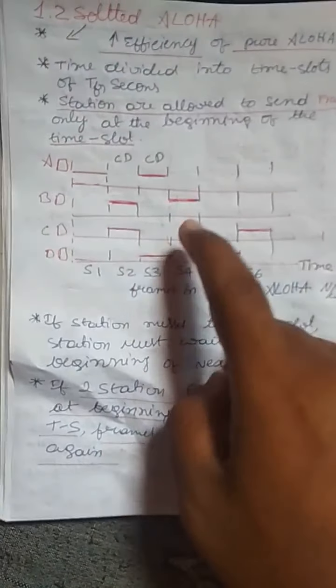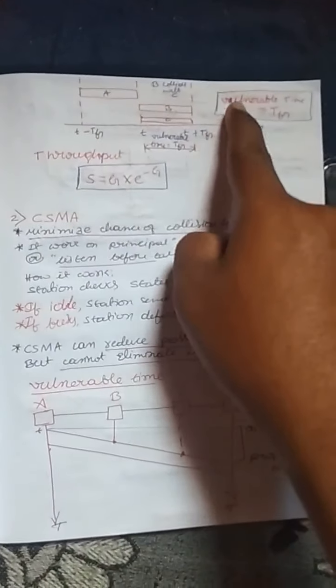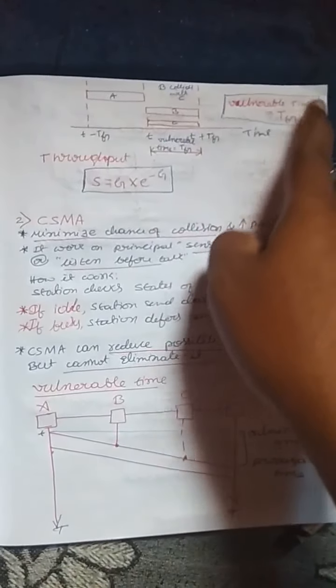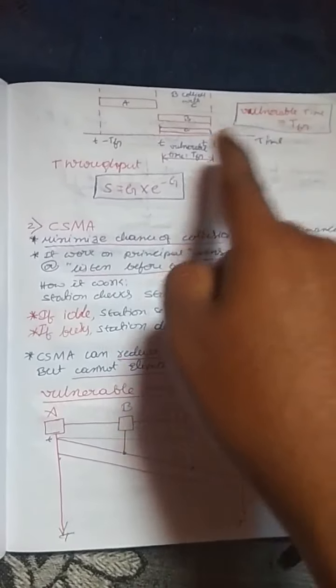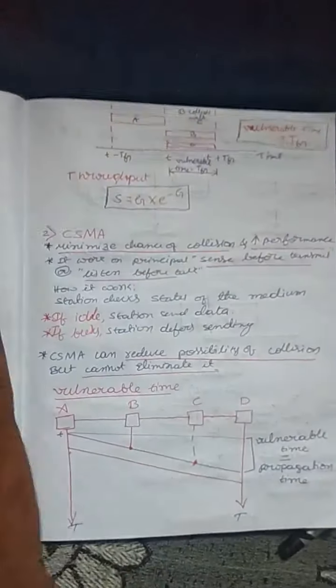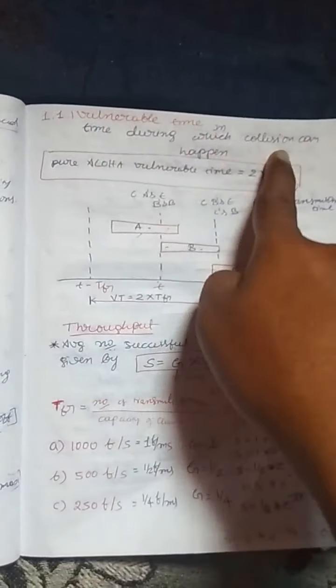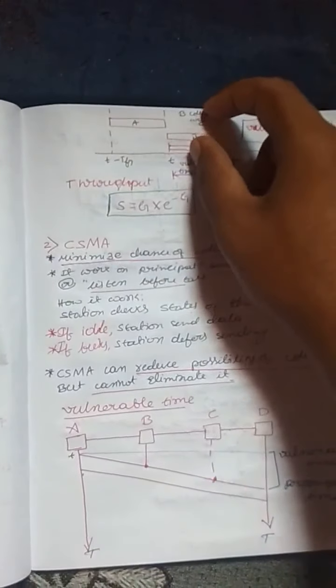Here, what is the vulnerable time? Vulnerable time is the time during which a collision happens. Here you can see that there is one collision.